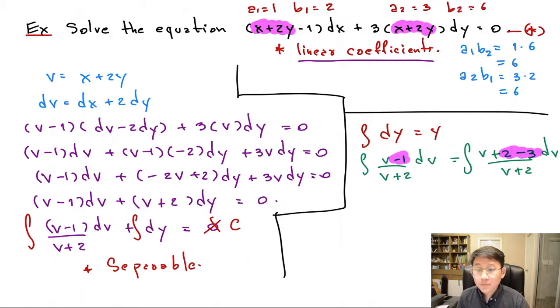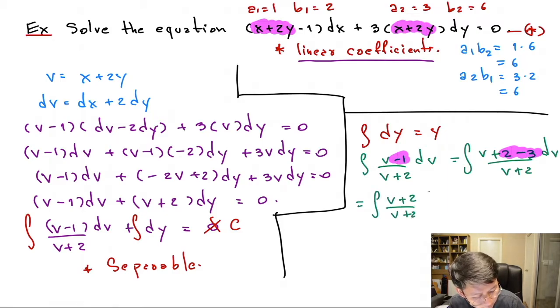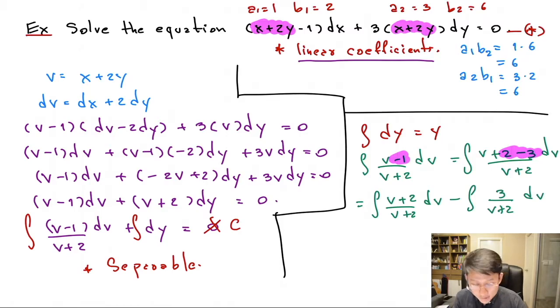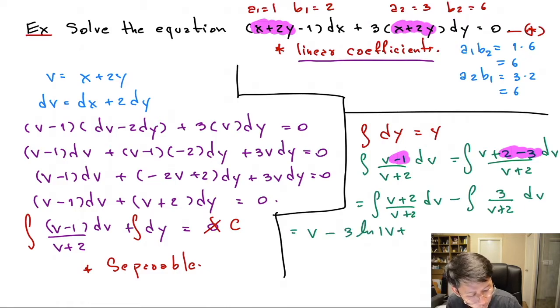I think we've seen this technique many times already, so you should be really familiar with it. And then we have the integral of (v plus 2) divided by (v plus 2) dv minus the integral of 3 divided by (v plus 2) dv. And that would be v minus 3 log of (v plus 2).